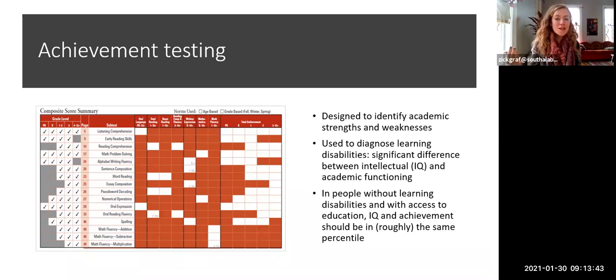And then the education attainment goes up to grade 12. So we would expect all adults above high school age who graduated from high school to have at least 12th grade proficiency on all of these domains. It's designed to identify academic strengths and weaknesses.